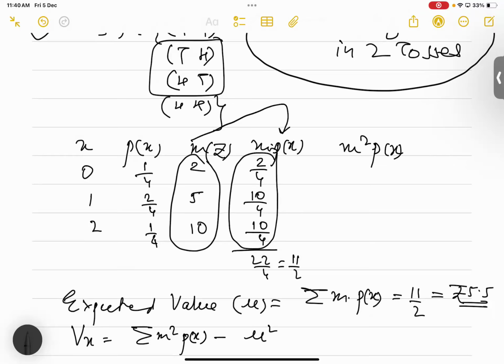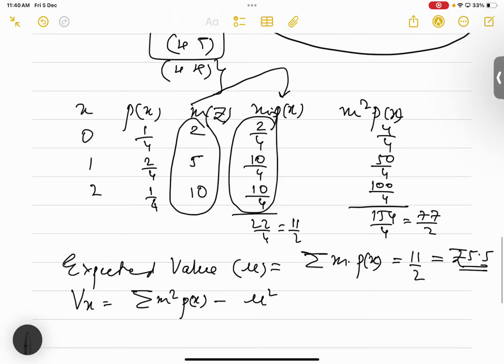M square PX is going to be 4 by 4, 50 by 4, 100 by 4, 154 by 4, which is equal to 77 by 2. Correct? So this is equal to 77 by 2 minus 11 by 2 the whole square because mu is 11 by 2.